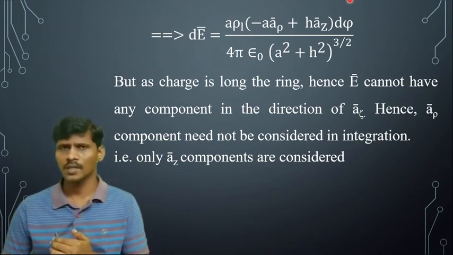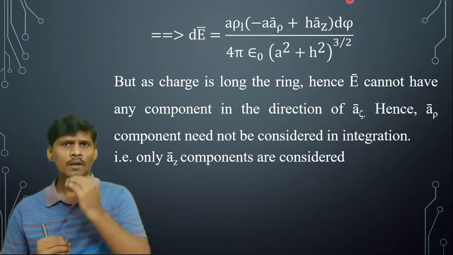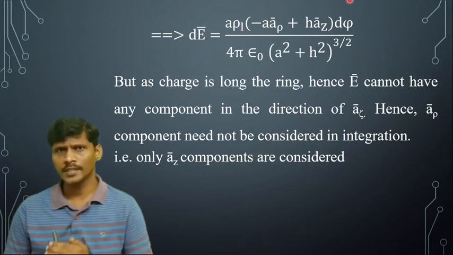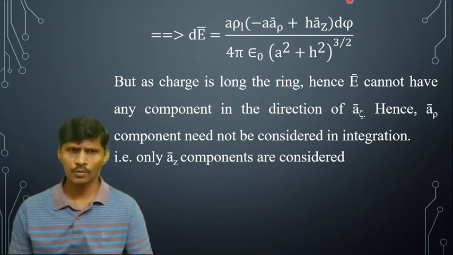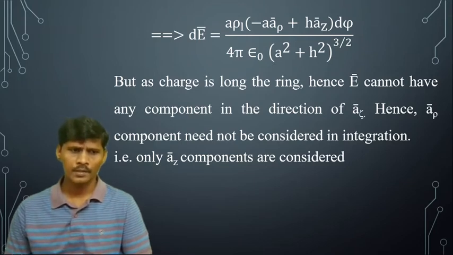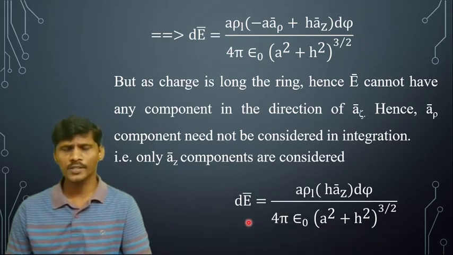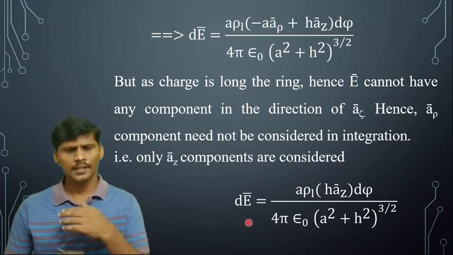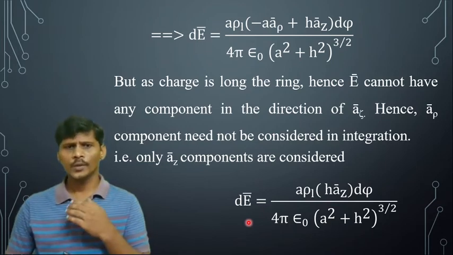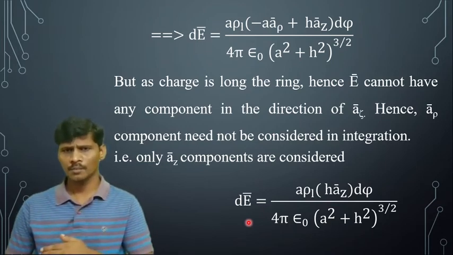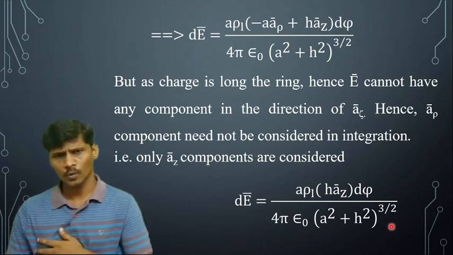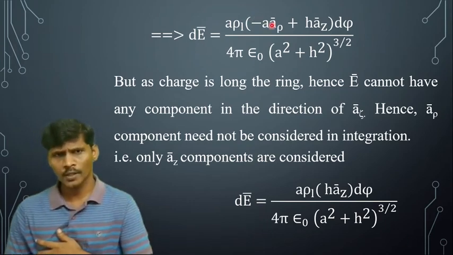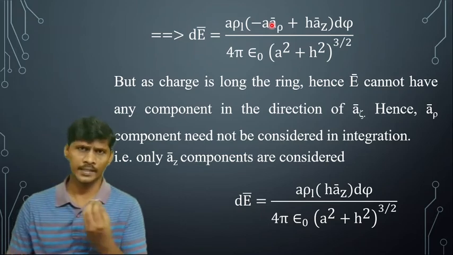So because of that, consider only the components along the z direction, that is, the az bar components are considered. Neglect the a rho bar component. Therefore, from the above expression, the differential electric field intensity dE bar is equal to rho l into h az bar d phi by 4 pi epsilon naught into a square plus h square whole to the power of 3 by 2. The a rho bar components are neglected.